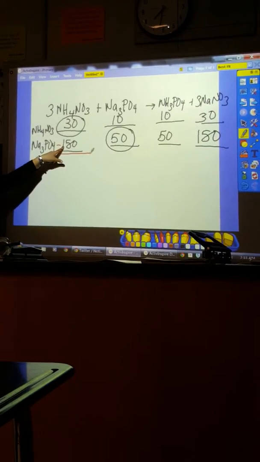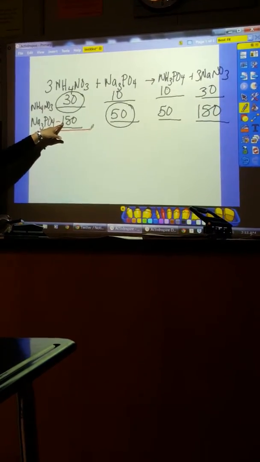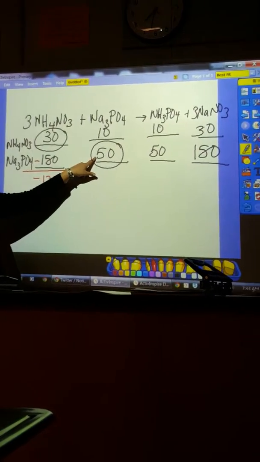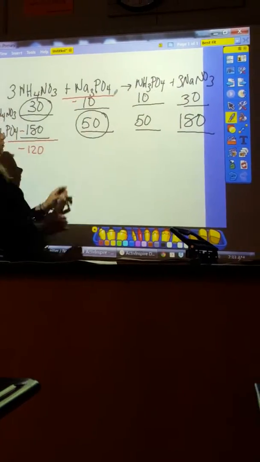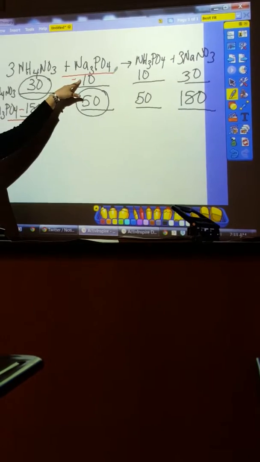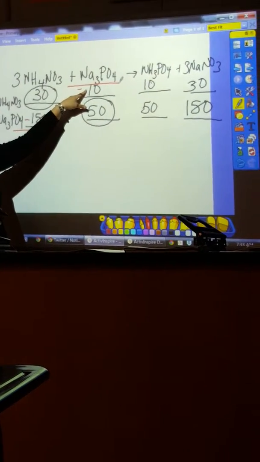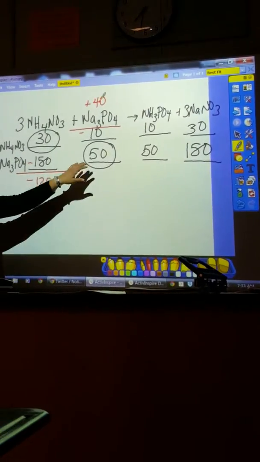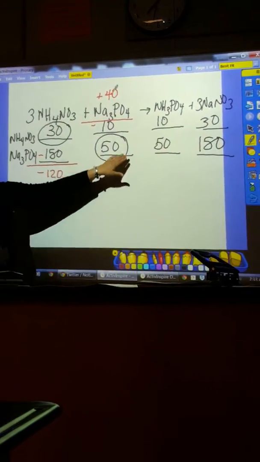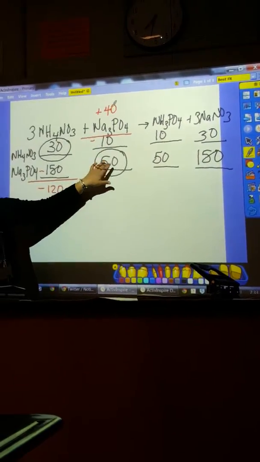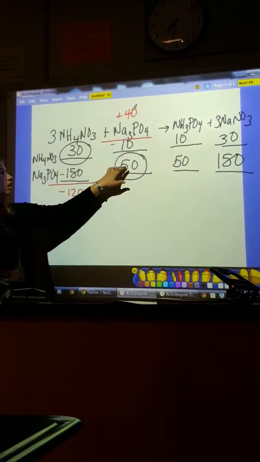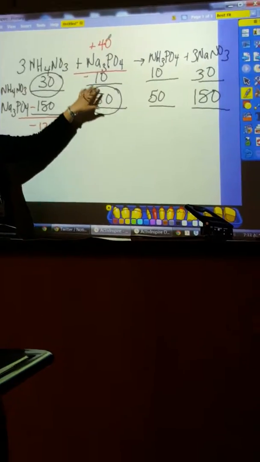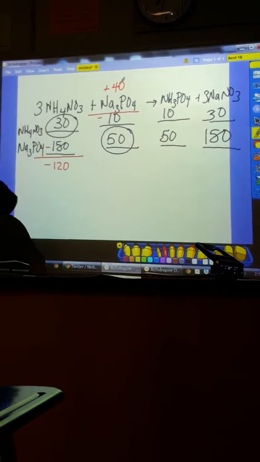Negative 120. 50 minus 10 gives us 40. Wait, why would it go up then? Because you always use what you start with. Start with what you circled. What's circled is what you start with. Subtract what you use. Okay? So 50 minus 10, positive 40.